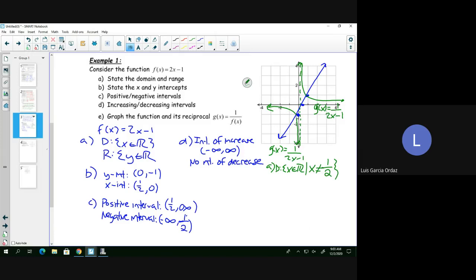Because at 1 over 2, our denominator is 0, and we can't have that as our denominator because it will just be undefined. So how about our range? We have y in the reals such that, what does the y value never hit? Zero. Yep, so y cannot equal 0.